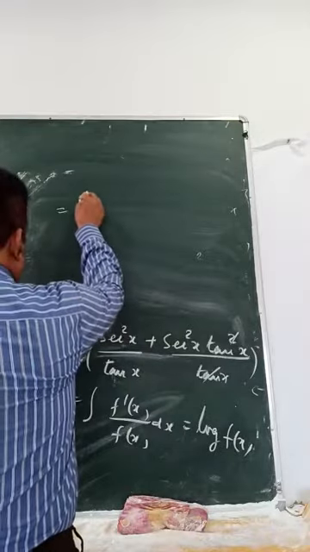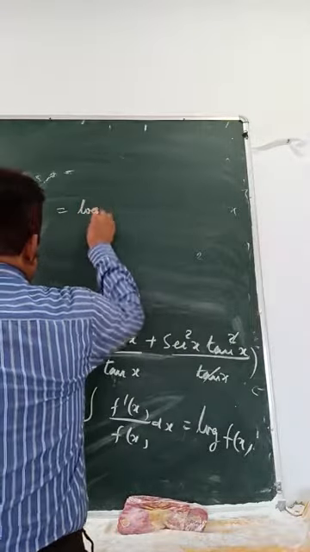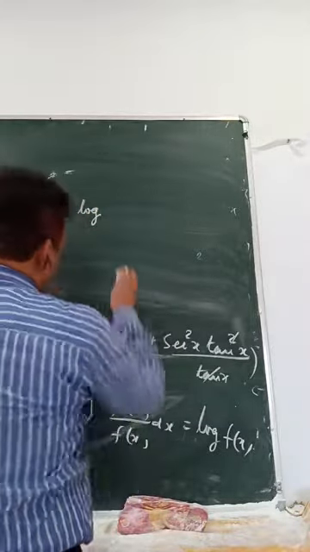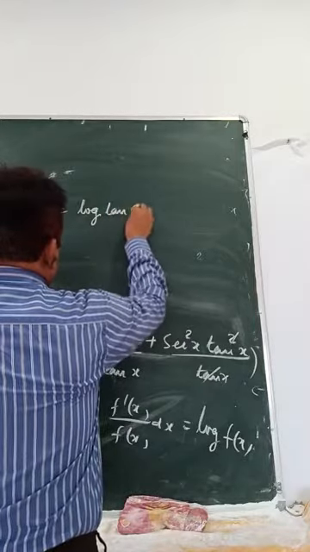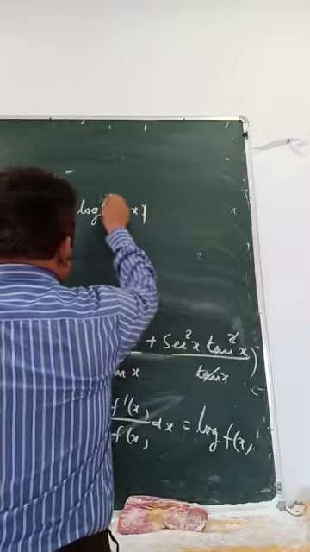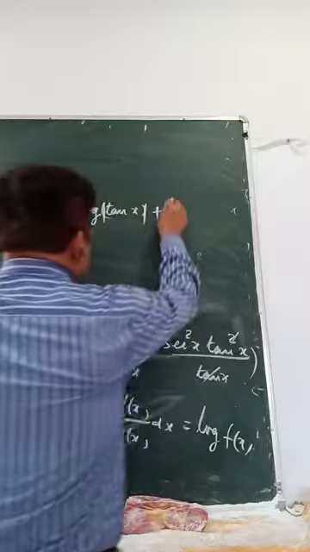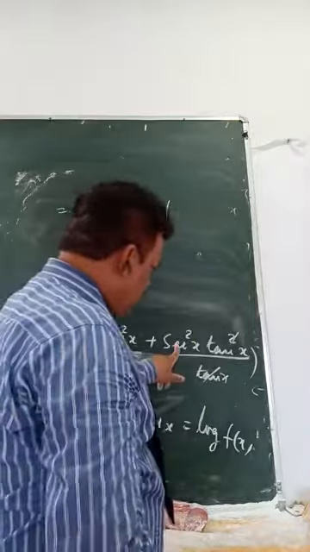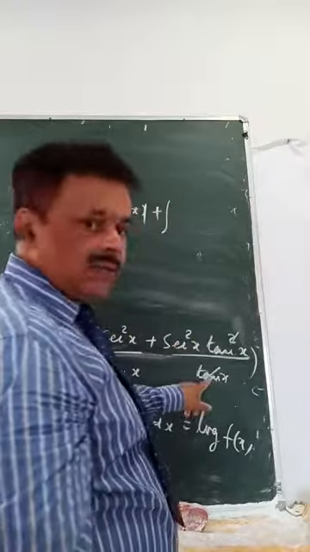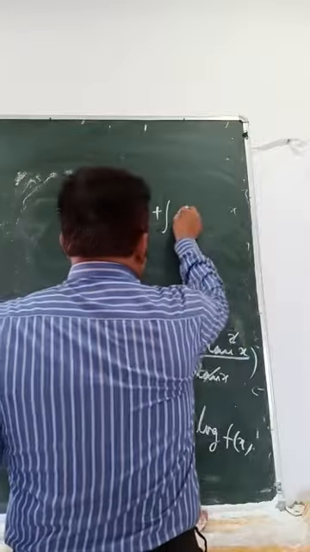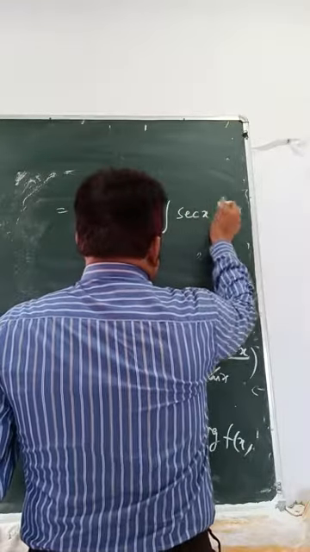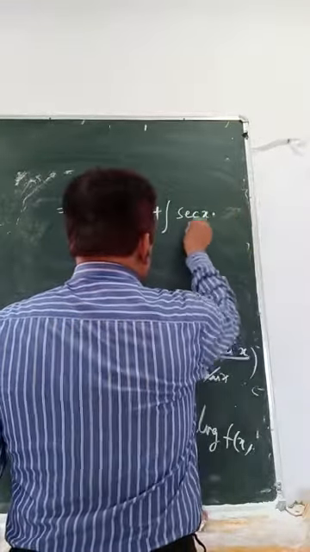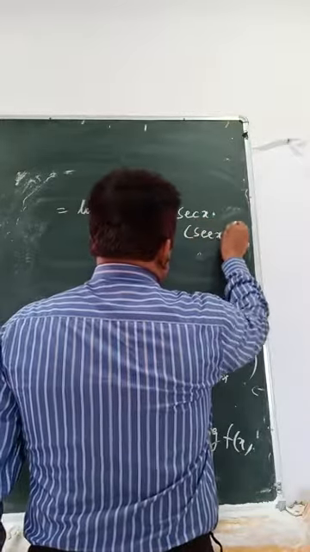So this is log of denominator, tan x. Okay. Plus integration of sec square x into tan x. This tan is gone, so you write sec x into sec x tan x.